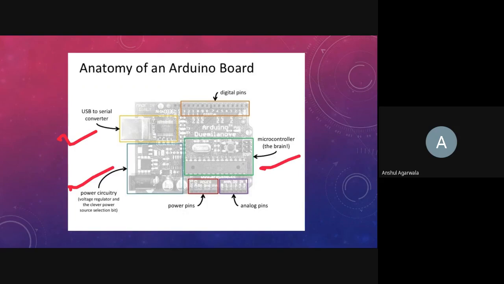And then we have the GPIO pins. GPIO means general purpose input output. Let's break that down. You can think of GPIO as the USB port of your computer, right? Just like the USB port, you can connect mics and speakers, both input and output devices, to your computer. It's a two-way channel.